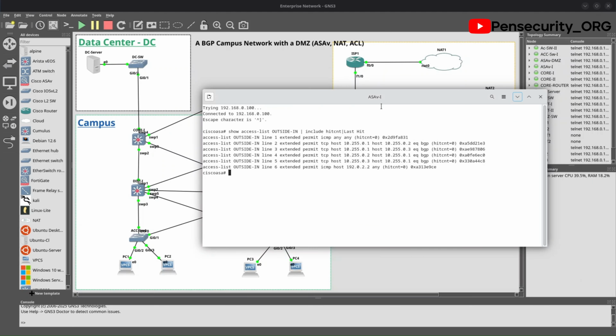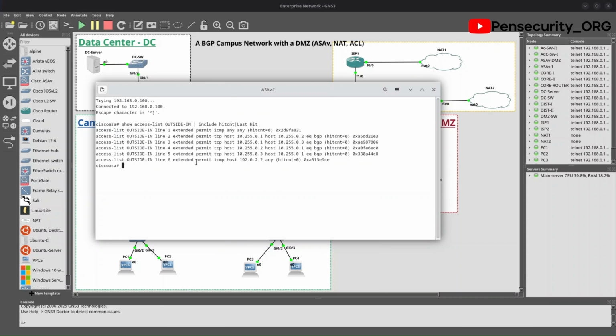Trying to reduce it. Yes. So these are the requests so far. So we permit ICMP on any of these hosts. We permitted BGP, so that's why we have access to the internet.